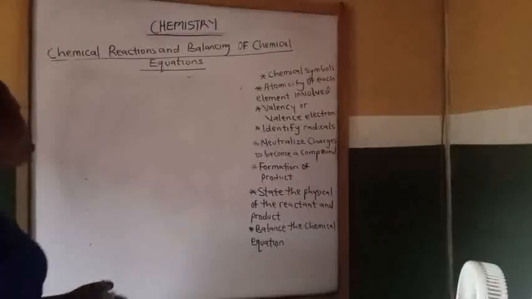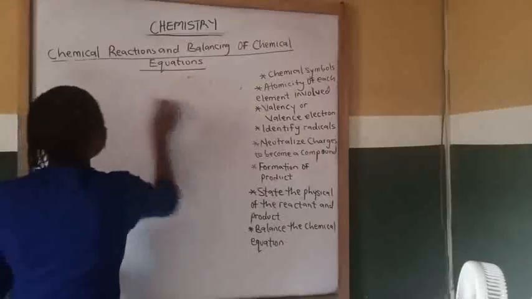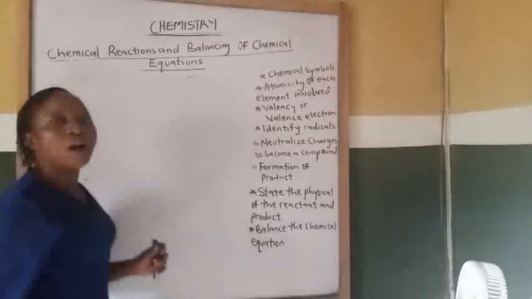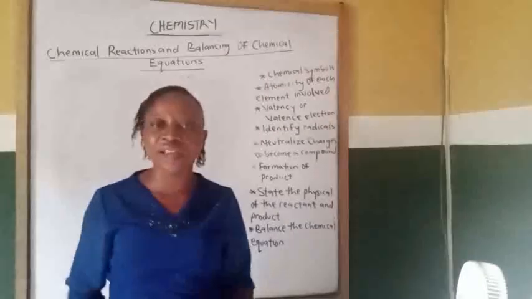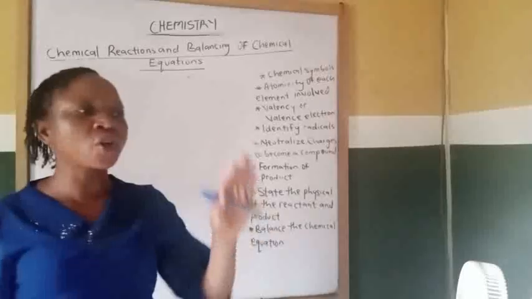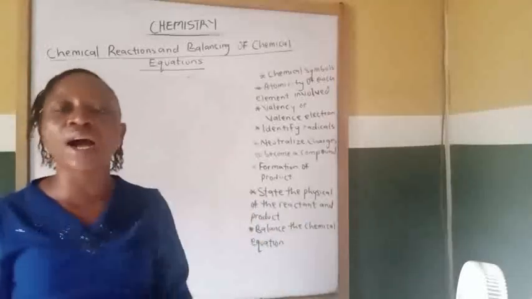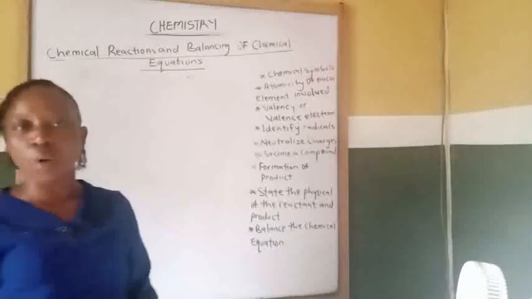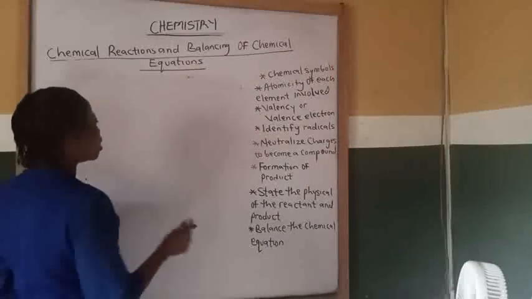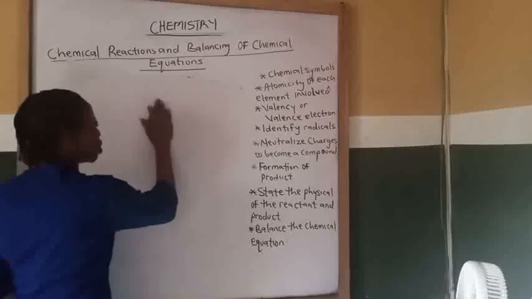All atoms of halogens are diatomic. Then what are halogens? Halogens are group 7 elements. Which means that all atoms of halogens, that is elements under group 7, are diatomic. So when you write diatomic elements during chemical reaction, you put subscript 2.